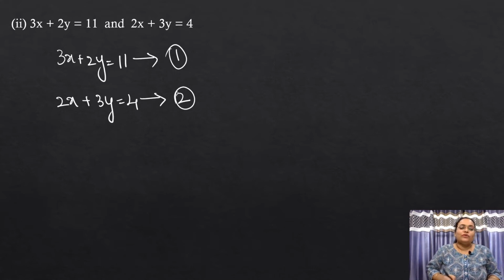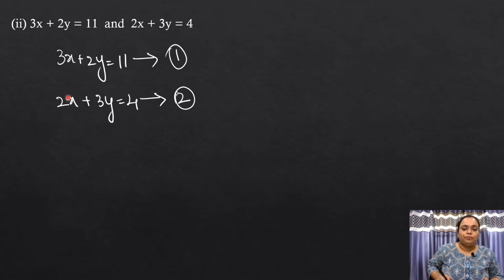If you see these two equations, can you eliminate any one variable without multiplying or doing anything? No, right? The coefficients of the variables are different. Now we need to make the coefficients of the variables equal so that we can eliminate a variable.